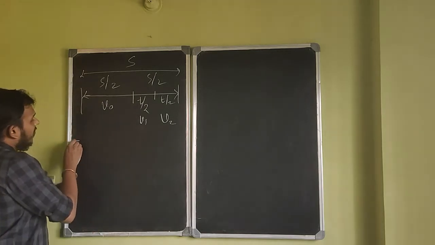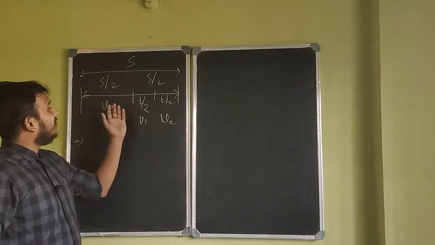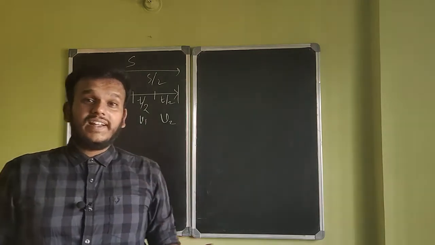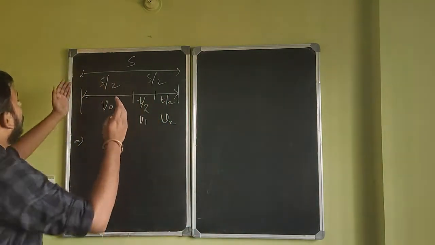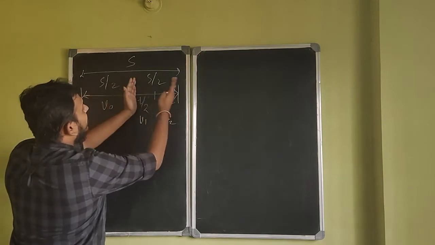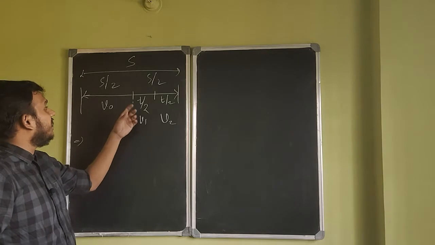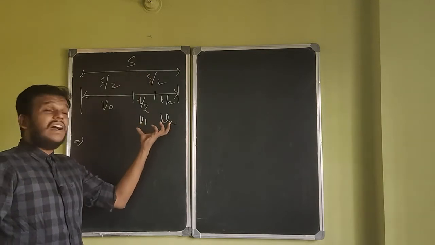First, I clearly can categorize this problem in that division. In what category? In that category where the entire journey is split into two equal displacements. So half the displacement with a certain velocity, half the displacement with a certain other velocity.